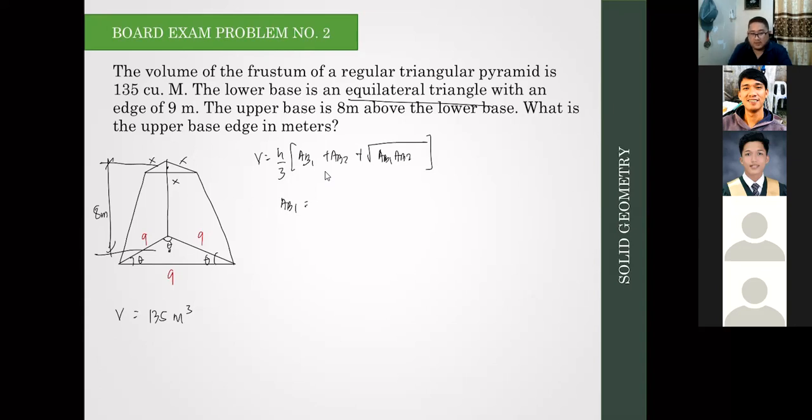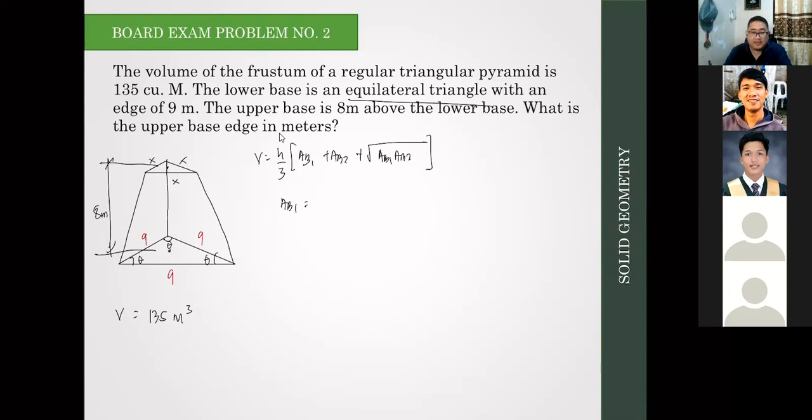Times 180 pala. Tama ba? Yung formula natin last time sa plane geometry para malaman yung internal angle natin. So, that is n minus 1 times 90 pala. 90 times n minus 1. Okay? Kaya 180 yung atin.